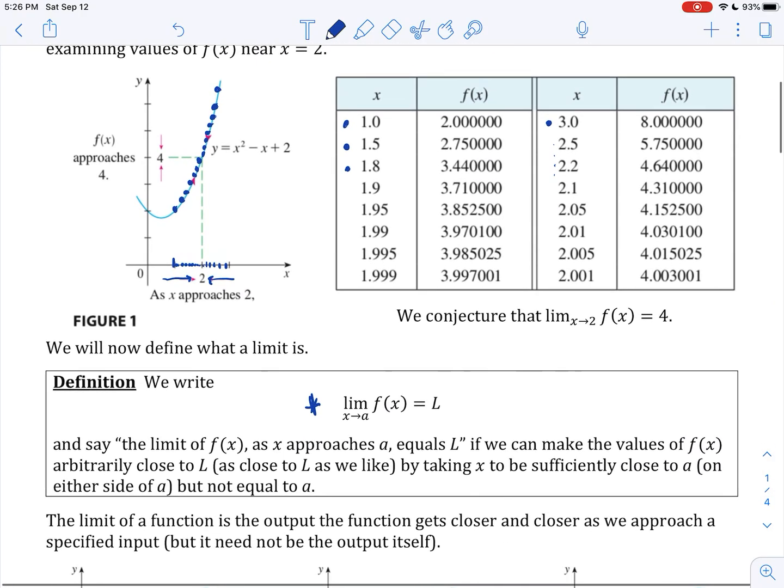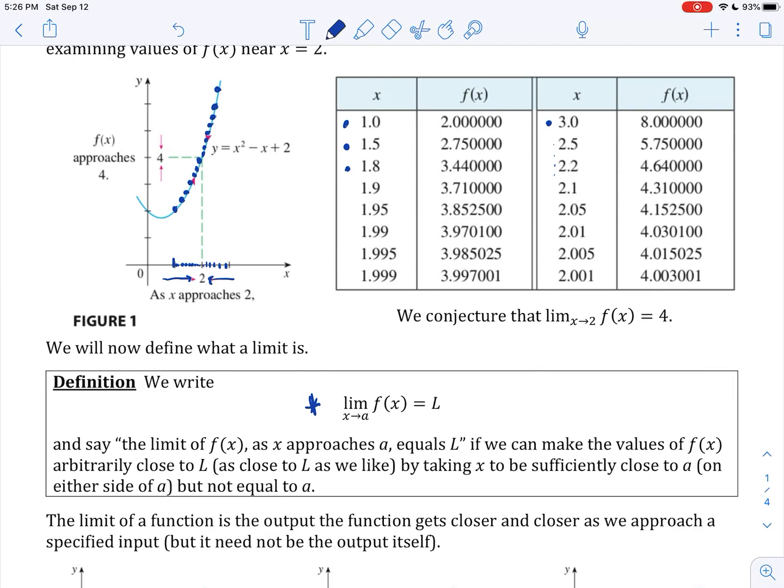So we define this limit expression, and we say the limit as x approaches a of f of x is equal to L if we can make the values of our outputs f of x arbitrarily close to L, as close to L as we like, by taking x sufficiently close to a.